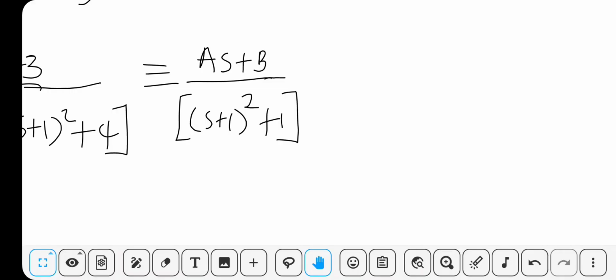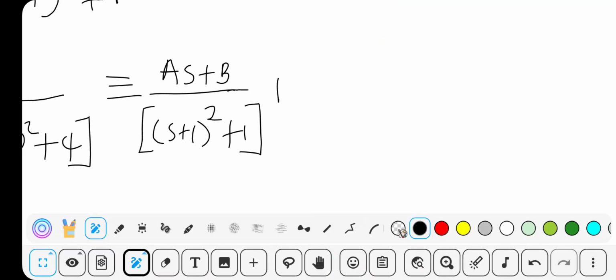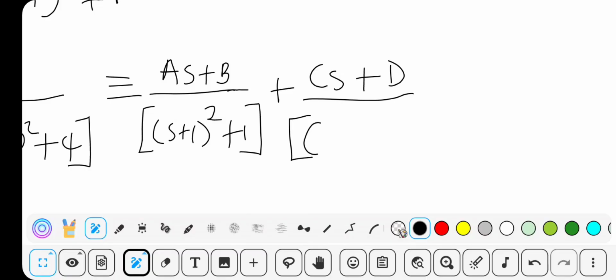You now make the numerator as plus b, whatever variable you choose. So let's continue. Plus the same thing for the second multiplier: if you still use the completing the square method, you get s plus 1 squared plus 4. So it's not difficult.